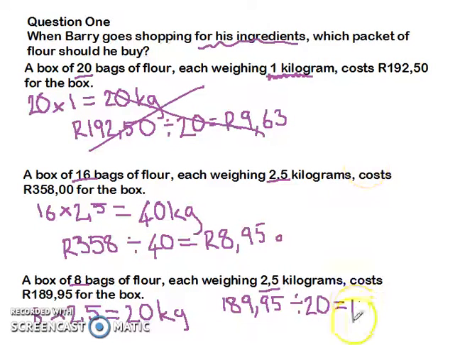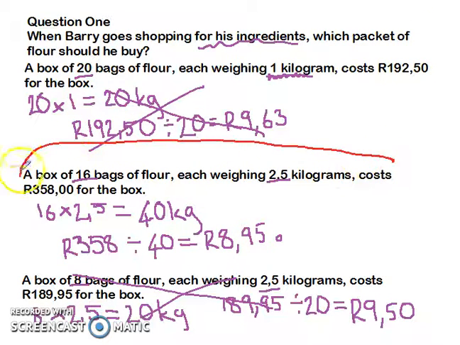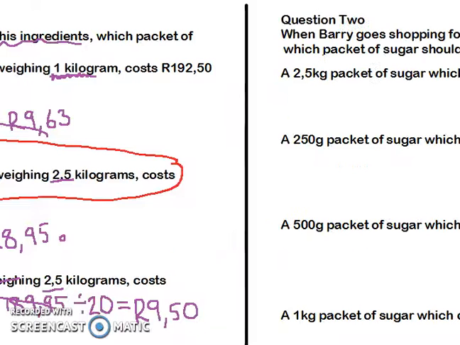So let's write that down. 9 Rand 50. So which one is the best option? It's not this one, because 9 Rand 50 is more than 8 Rand 95, and 9 Rand 63 is also more than 8 Rand 95. So he wants to buy the box that contains 16 bags of flour, each weighing 2.5 kilograms, for a total of 358 rand. Well, that's that question.